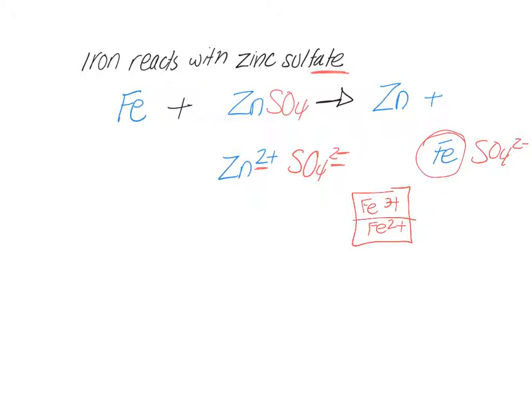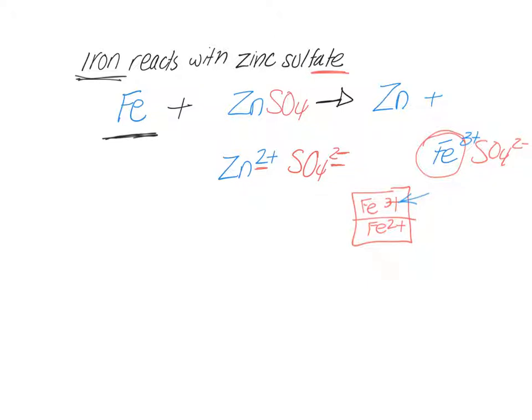I have to figure out which kind of iron it is. There's no way for me to tell from here or from up here. So when you can't tell, you automatically assume that the iron is the first one listed, which is the 3 positive one, because that is the most commonly occurring one in nature.